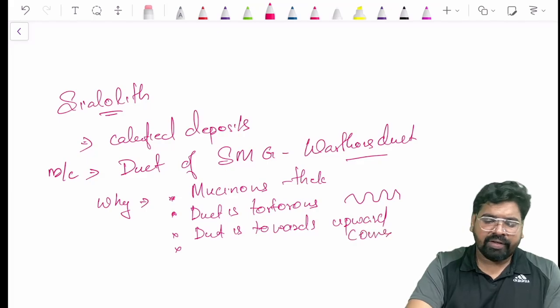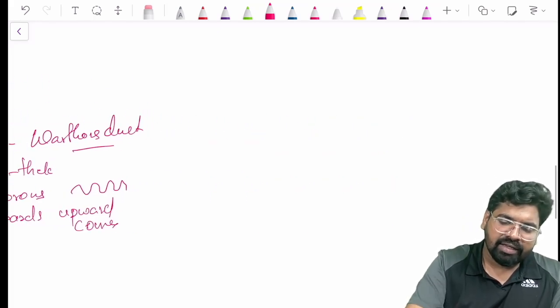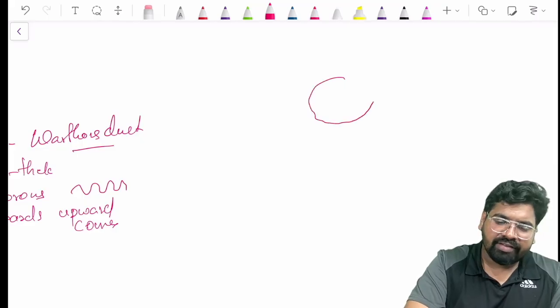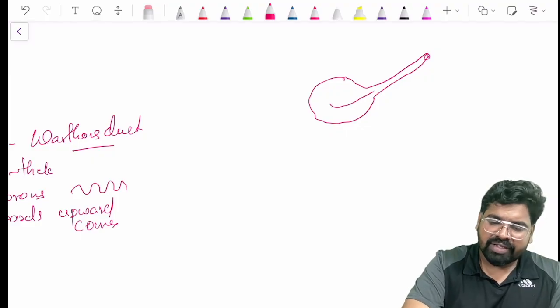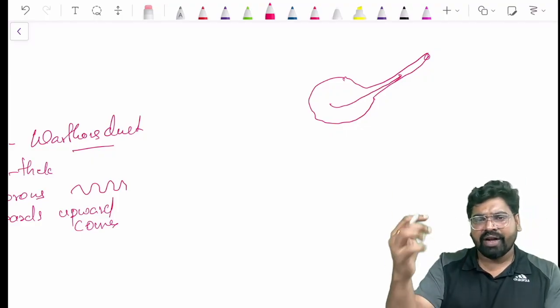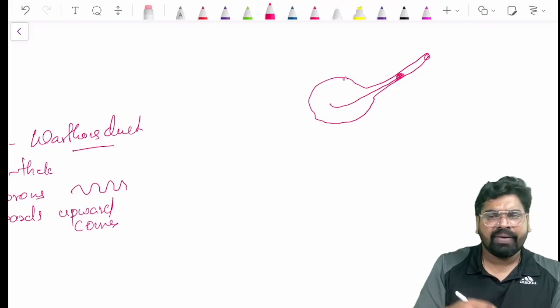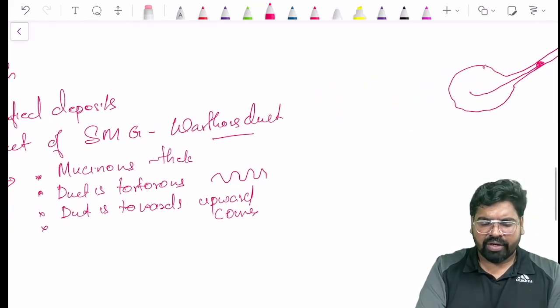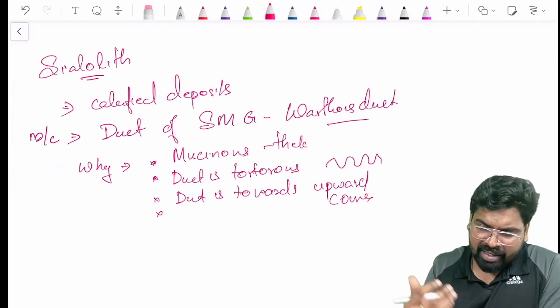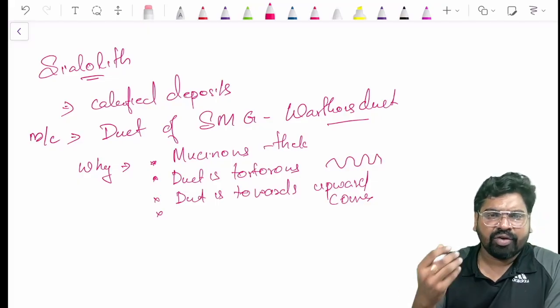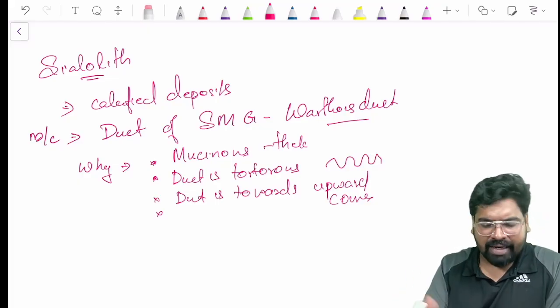If the submandibular salivary gland is here, the duct goes upwards. So due to gravity, the saliva gets pooled and it can cause stone formation, right? So these are certain reasons for the formation of sialolith more in the submandibular gland.